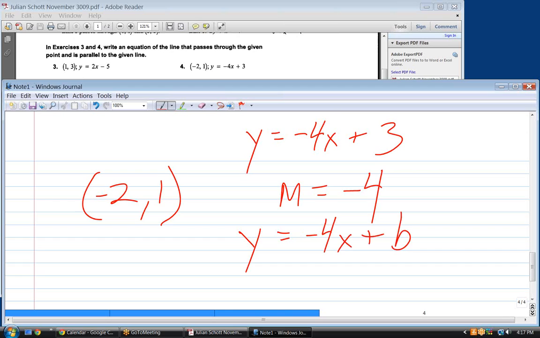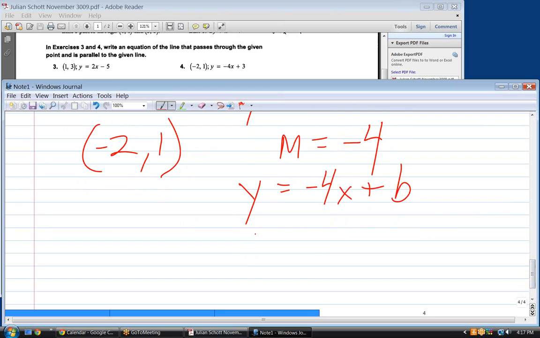How do I solve for b? You plug it in, so 1 equals -4 times -2 plus b.